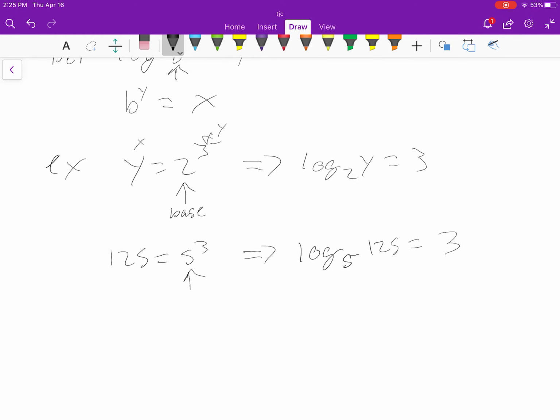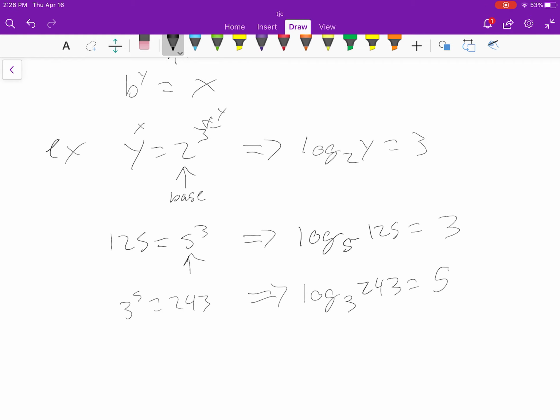Last example here, we have, I don't know, 3 to the fifth equals 243. How do we rewrite that in log form? It's going to be log base 3 of 243 equals 5.